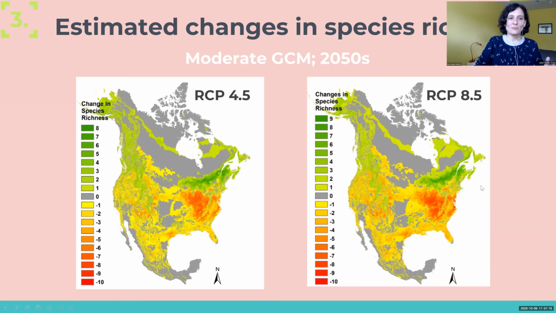So for buzz pollinators of tomatoes, what we see is an increase in number of species northwards and a decrease in number of species, in red, in the central part and eastern part of the United States. Both emission scenarios show relatively similar patterns with some local variation.